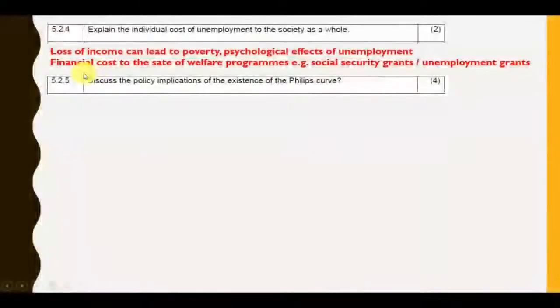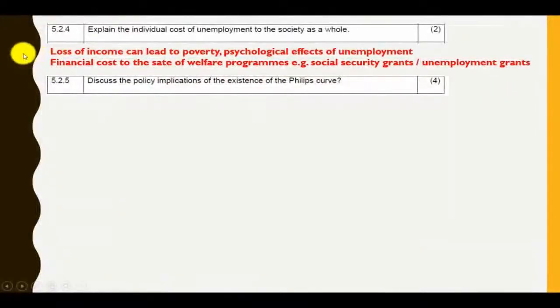And it would be the financial cost to the state of welfare programs, like our social security grants and our unemployment grants. And the TERS grant, grade 12s, TERS, Temporary Employment Relief Scheme, that the government has had to give people because of COVID, is a great example of this.